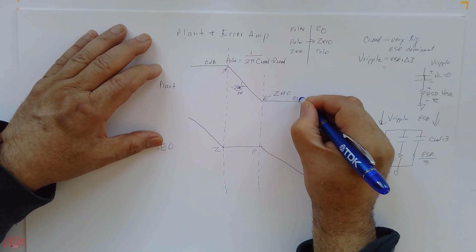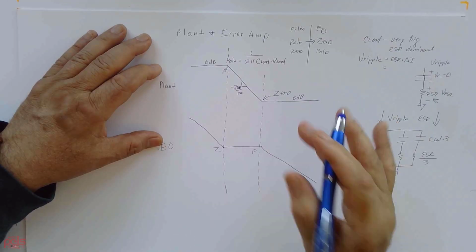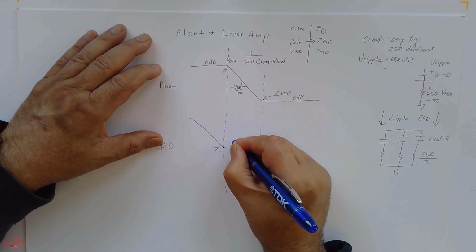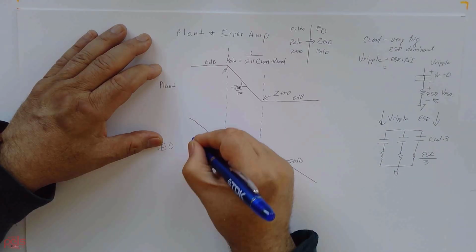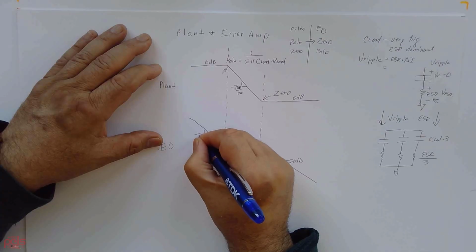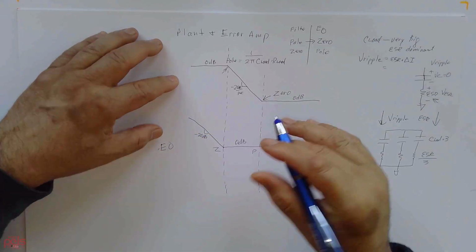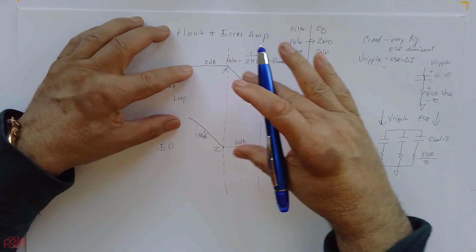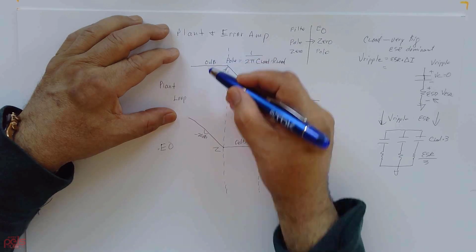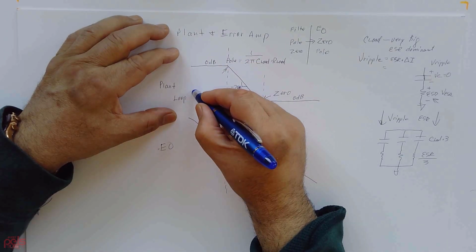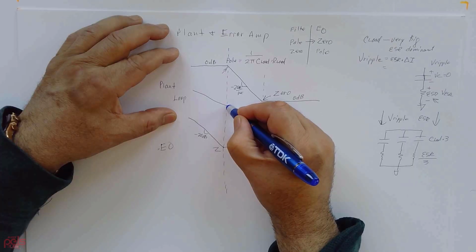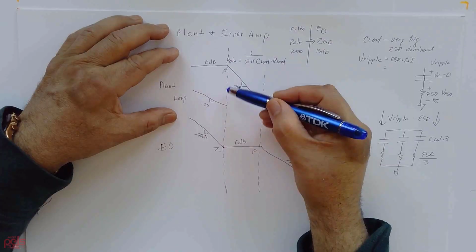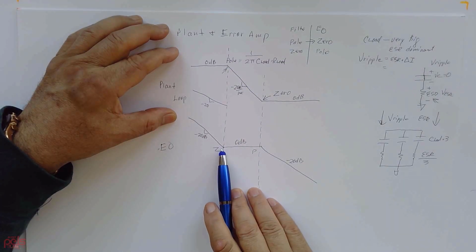The loop is a combination of these two. So 0 plus a negative 20, you end up with a slope of negative 20 because the pole got canceled by this zero.